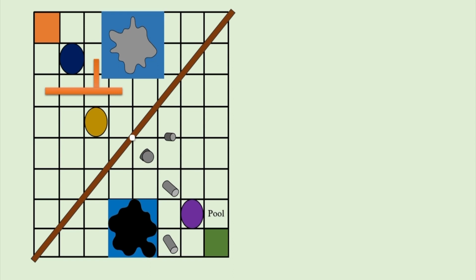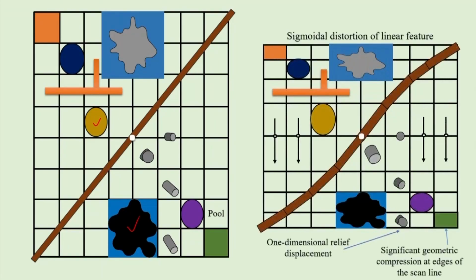Now, in this slide I want to highlight what kind of error geometric distortion may introduce in your image. If you see this particular photograph, I would say this is the actual scenario on the ground. All the objects are lying somewhere, this is the orientation, and this is the shape and size of this particular location. Now, how they are going to change when you are having geometric distortion in your image, you can visualize here.